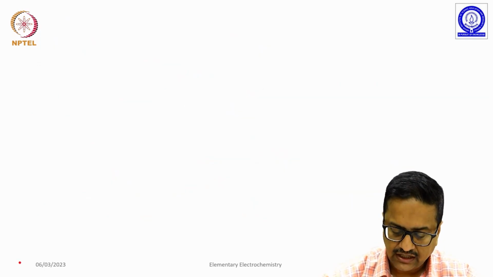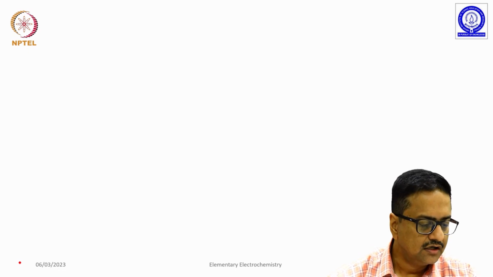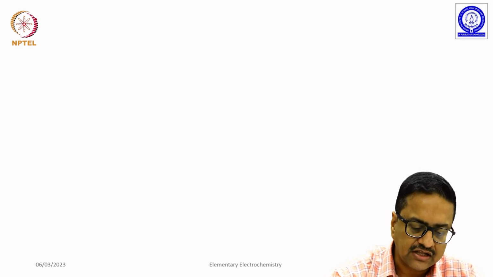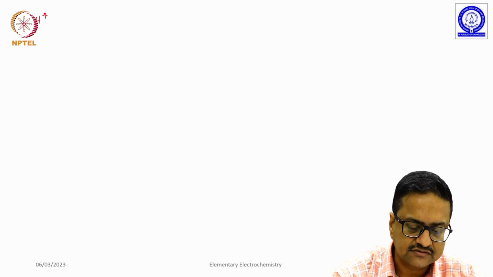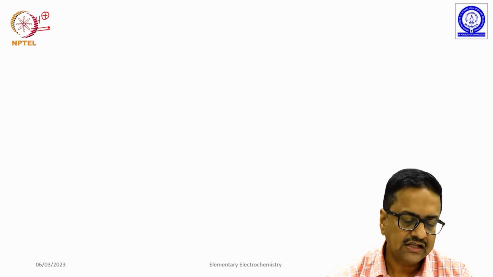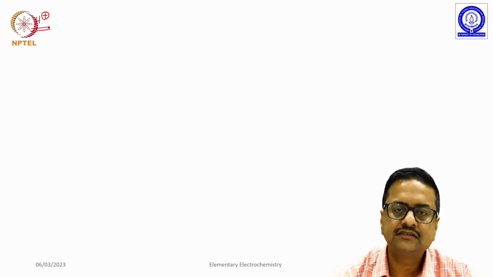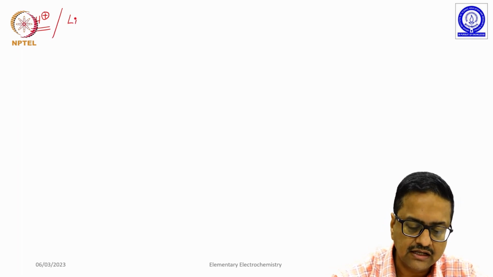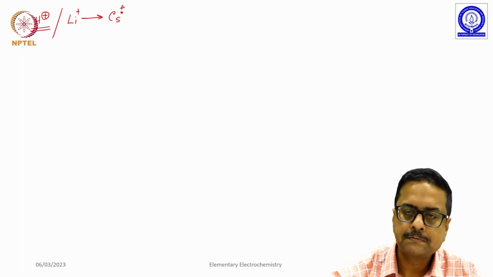So, when we have this scenario, we at the moment keep the H plus ion aside because that has an abnormally high value. There must be a particular different reason for that high value. Let us first discuss the case of Li plus to Cs plus.